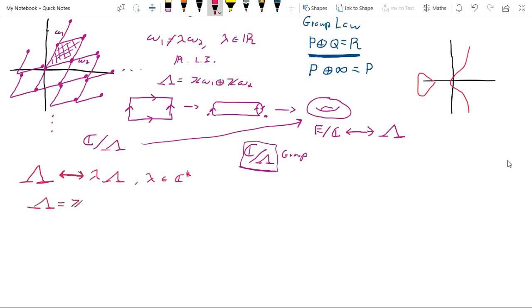This means that if I were to have some lattice, which is the span of two complex numbers, omega 1 and omega 2, as far as the elliptic curves are concerned, this is equivalent to the lattice by multiplying by the inverse of omega 2, which would be the integer span of omega 1 over omega 2 and 1.